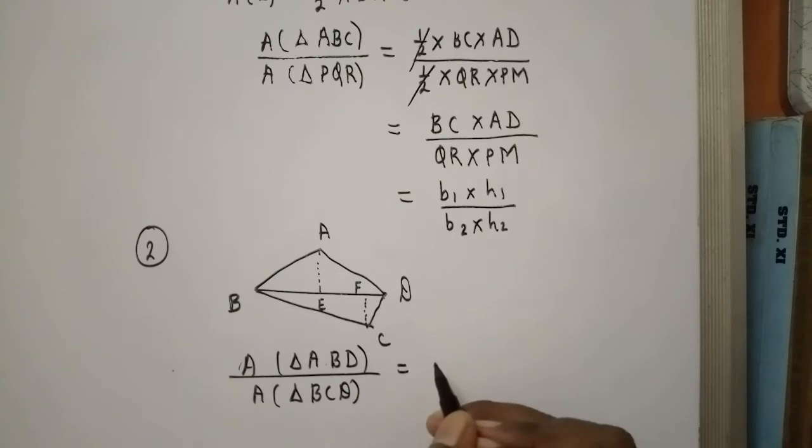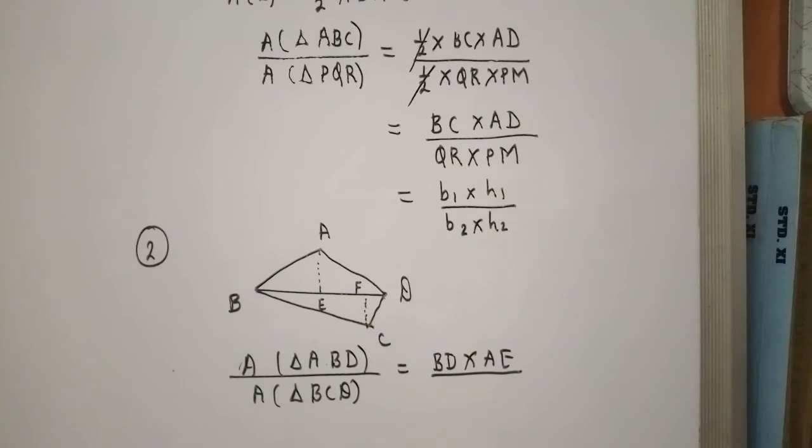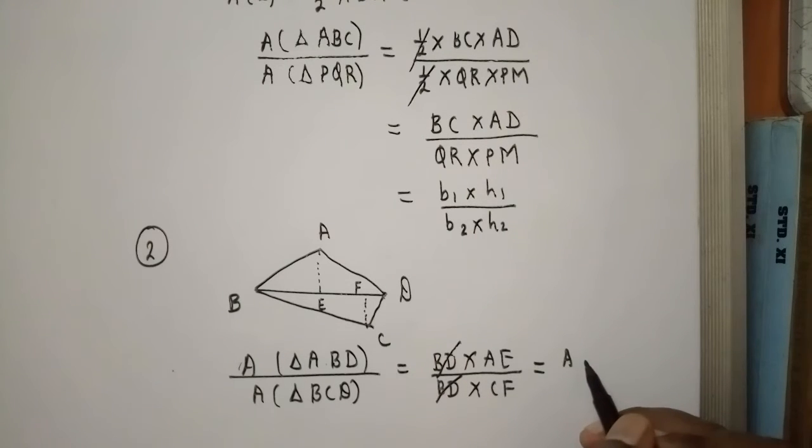Base 1 is BD into height 1 is AE, upon base 2 is again BD into height 2 is CF. BD is common in both, so we can cancel out BD. What is remaining? We have AE upon CF, which means height 1 upon height 2.